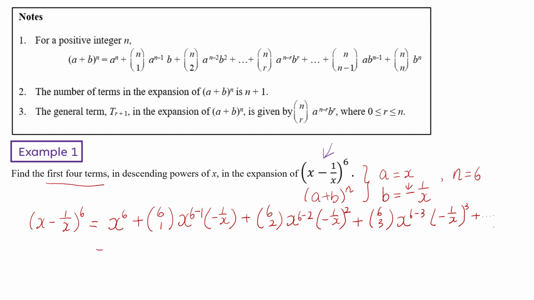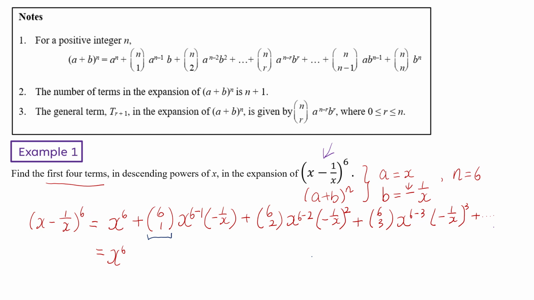Let's simplify further. x to the power of 6 is just x to the power of 6. For 6C1, you can use your calculator to evaluate. You have to press 6 first, followed by the shift key on the calculator. You will see this symbol called nCr, and followed by 1.